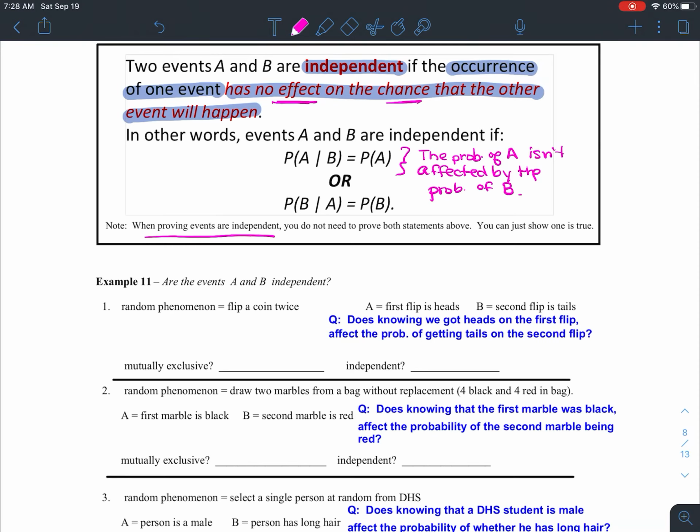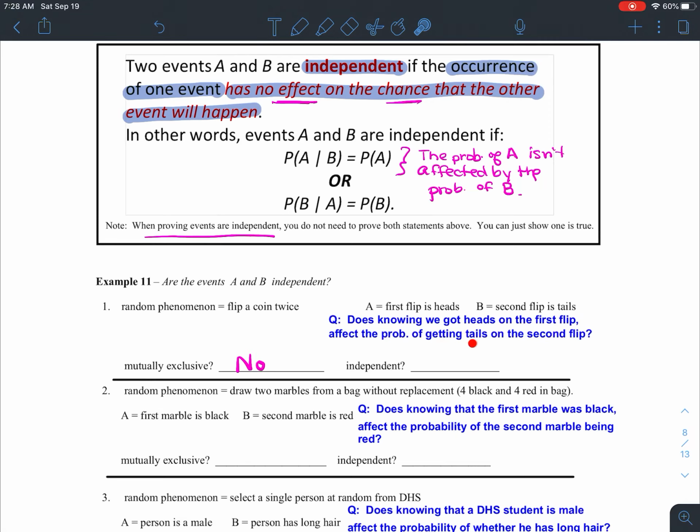Could we get the first flip being heads and the second flip being tails? Okay, that certainly could happen. So that means these are not going to be mutually exclusive, okay, because they could both occur. We could get heads on the first flip and tails on the second flip.